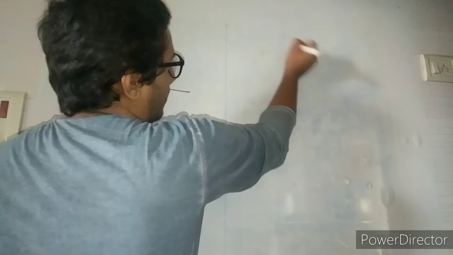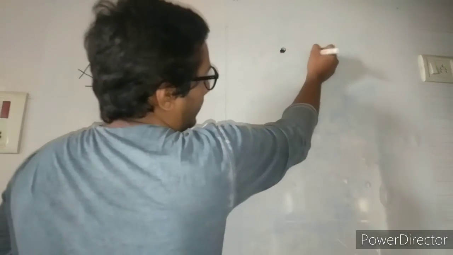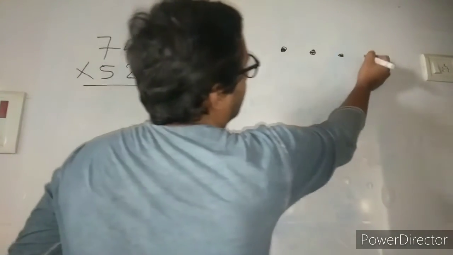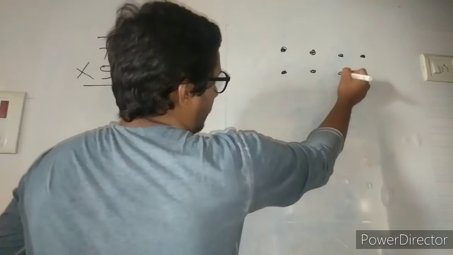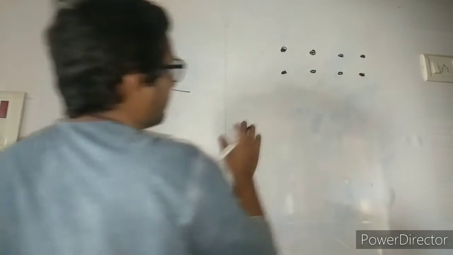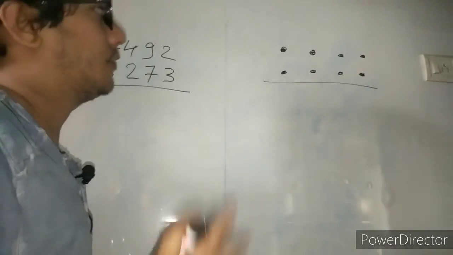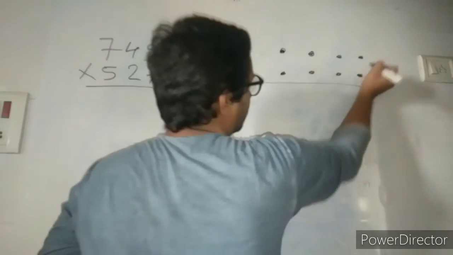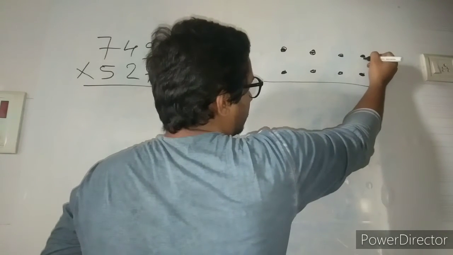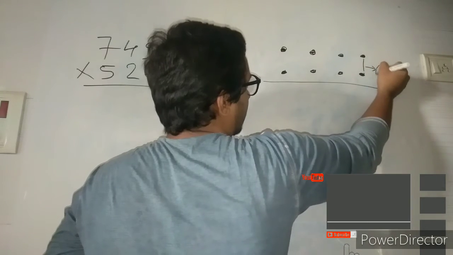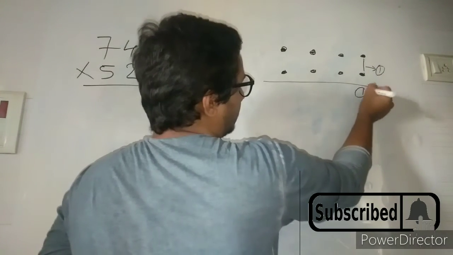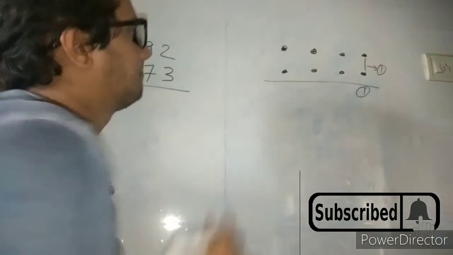First, assume this as a number. We are learning here the concept of this 4-digit multiplication. So guys, first step here, multiply these two numbers and write here. This is your first step.